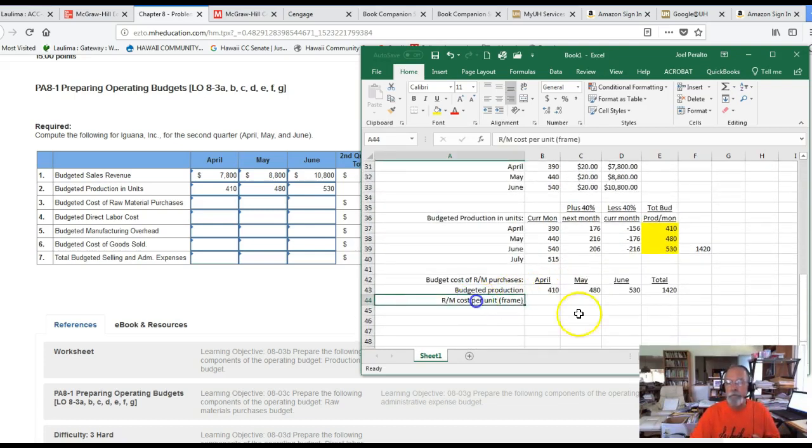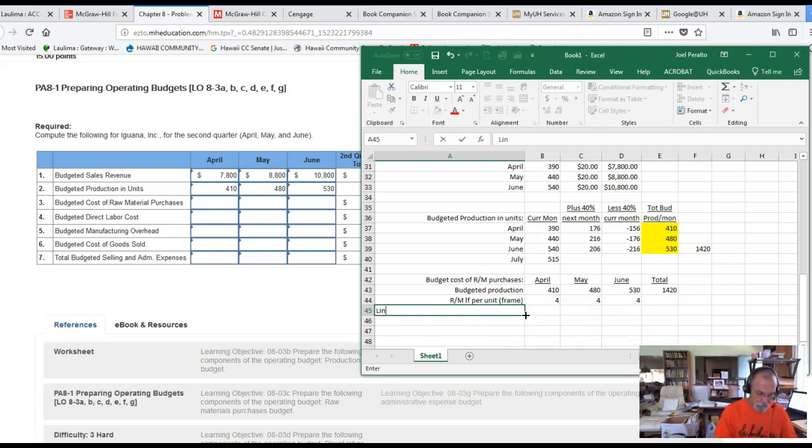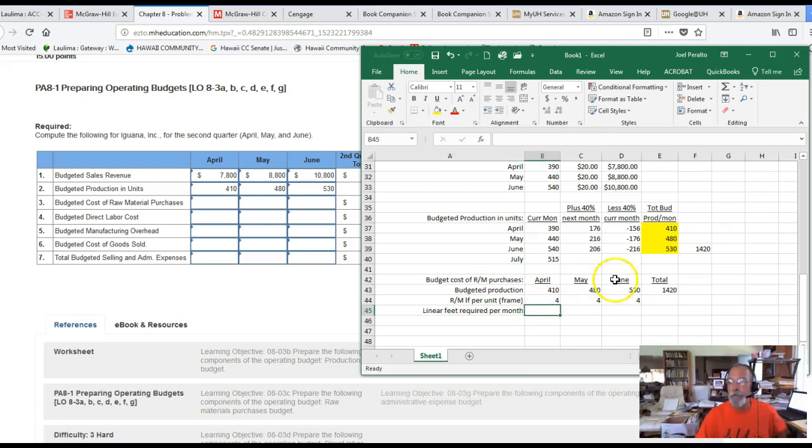Raw material linear feet per unit. So our requirement will be 1640.